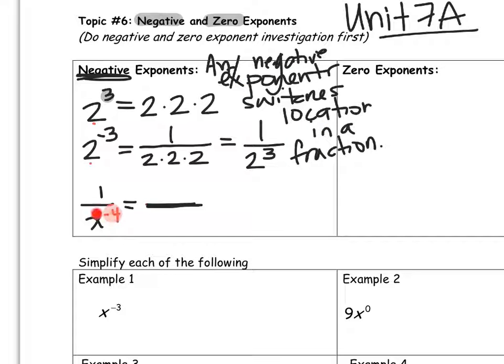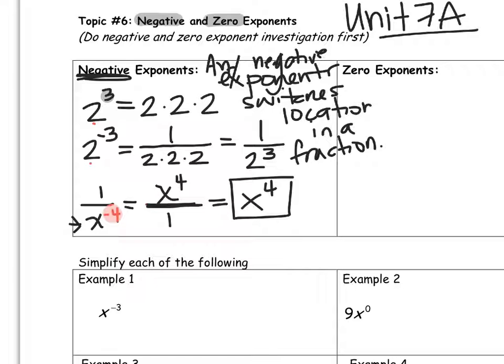So negative 4, my exponent is in the denominator. That wants to go up here to the numerator. So I'm going to move it up here. I'm going to write x, and when I move it, I make it positive. And now that was the only thing in my denominator. So there's nothing left in my denominator. And when there's nothing left in the denominator, we can write 1. Or we can just write this, x to the 4th power, because the denominator of 1 doesn't change anything.